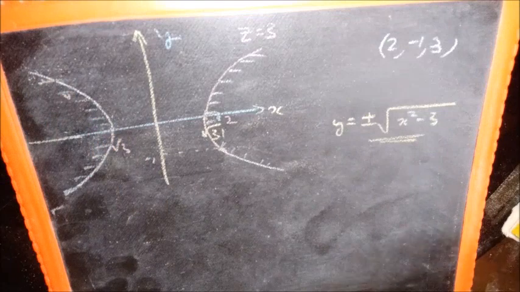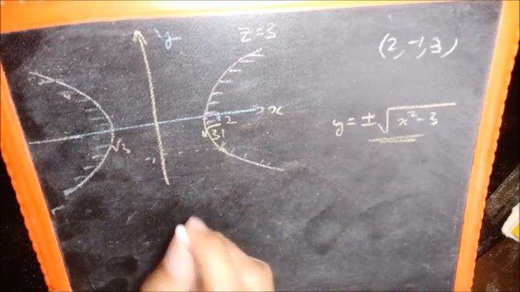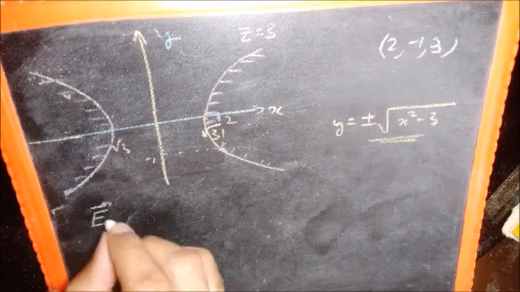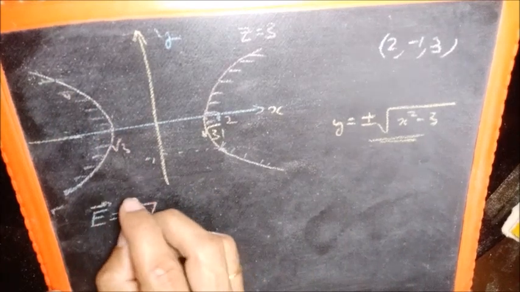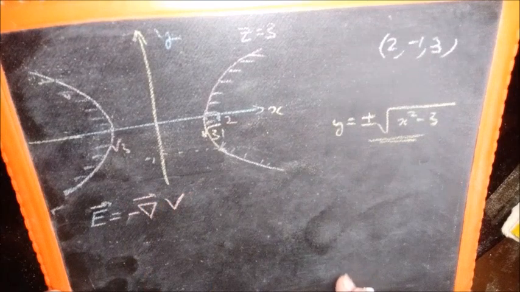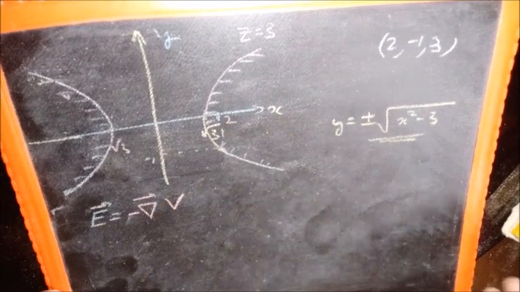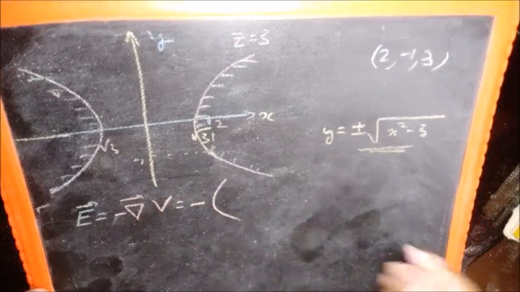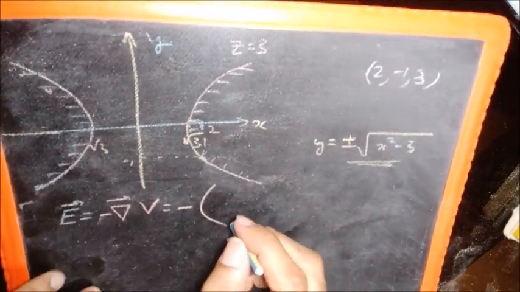Okay. Now that we have found this, we can calculate the electric field straight away by using the basic relation that electric field is the negative gradient of potential, and that will give us minus the gradient of the potential. We are having everything in the Cartesian coordinates.